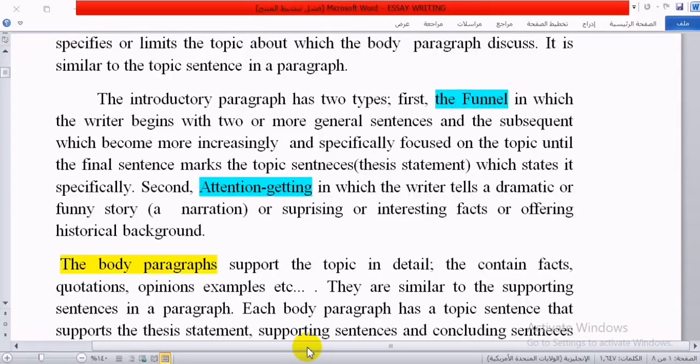Indeed, the introductory paragraph has two main types, which are the funnel and the attention getting. The funnel is a device whose top is wide and whose bottom is narrow.